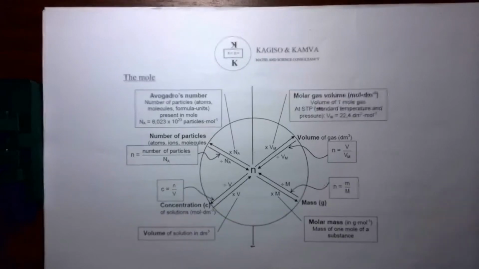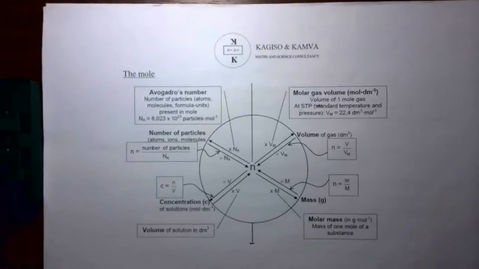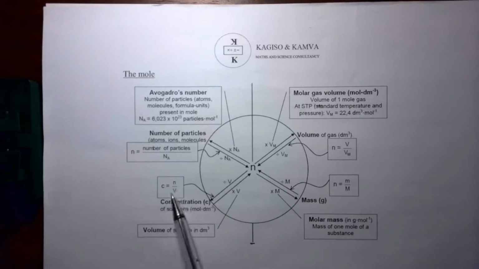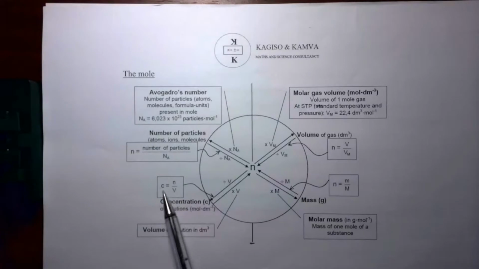Sometimes we can be provided with the concentration of a substance, and we will want to convert that concentration to the moles. If we are provided with the concentration, we will also have to know the volume of the solution, which will also be provided to us. With these two, we just make n the subject of the formula.